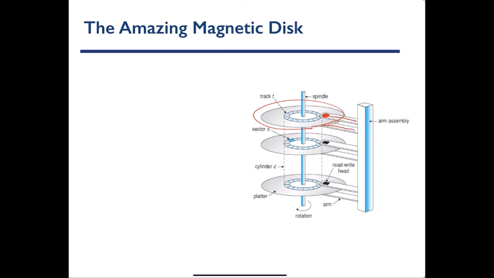There is an arm that has the head at the top of it, and this arm can move back and forth. So it could go all the way to the inner circles of your disk to all the way to the outer circles of this disk. Now, each circle on the disk is called a track, and each track is divided into sectors.